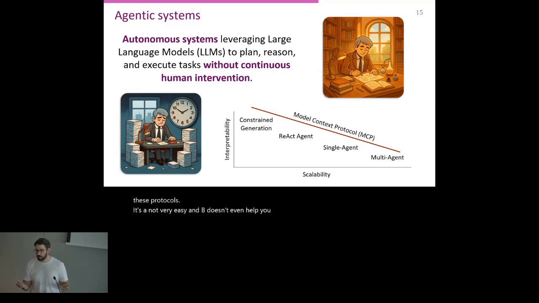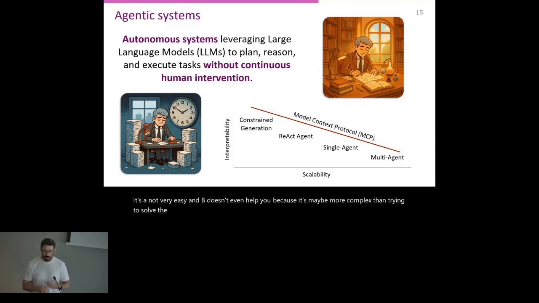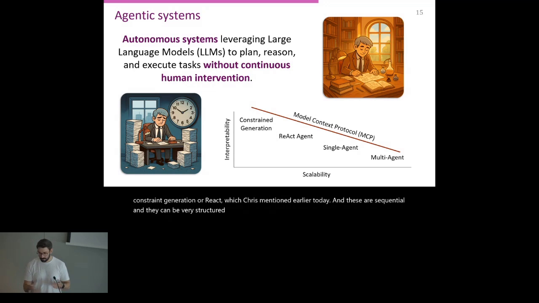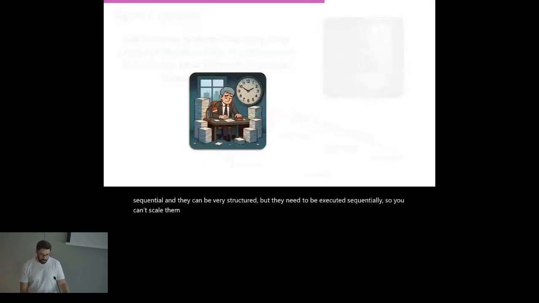Because it's maybe more complex than trying to solve the problem yourself. And then you have the other side, which is something like constraint generation or ReAct, which Chris mentioned earlier today. And these are sequential and they can be very structured, but they need to be executed sequentially, so you can't scale them very well.